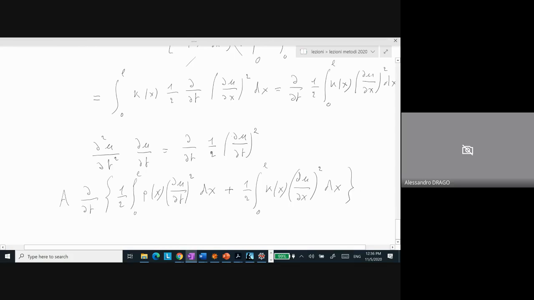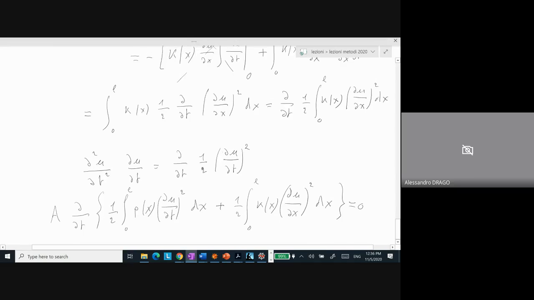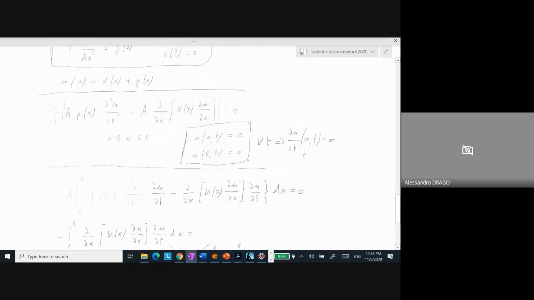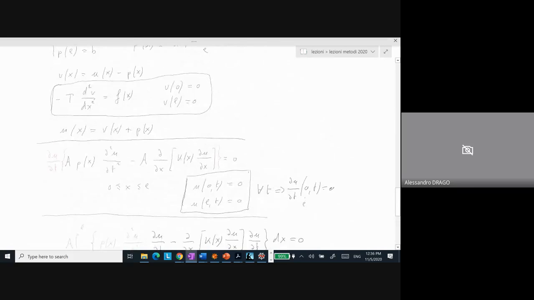And this we know that is equal to 0, because this is still our original equation. So recall what we did. We started from the original equation, we just multiplied it by the du over dt, we integrated, we performed just a few partial integrations. But we were assuming that this equation was satisfied, that the u was satisfying this equation, okay?